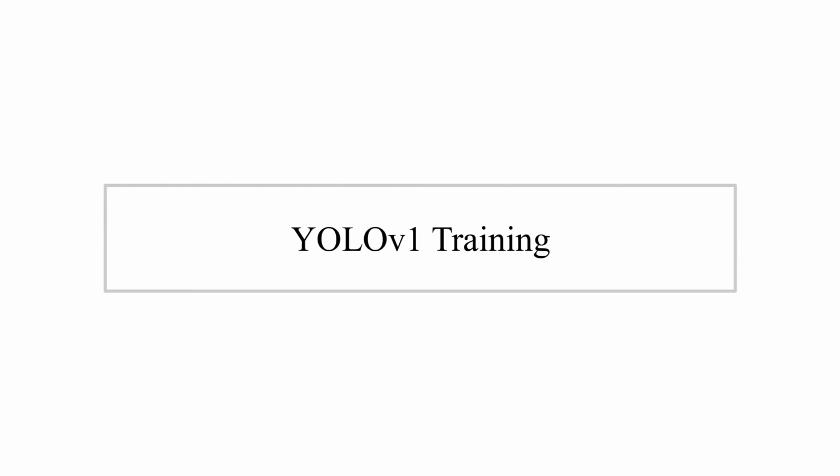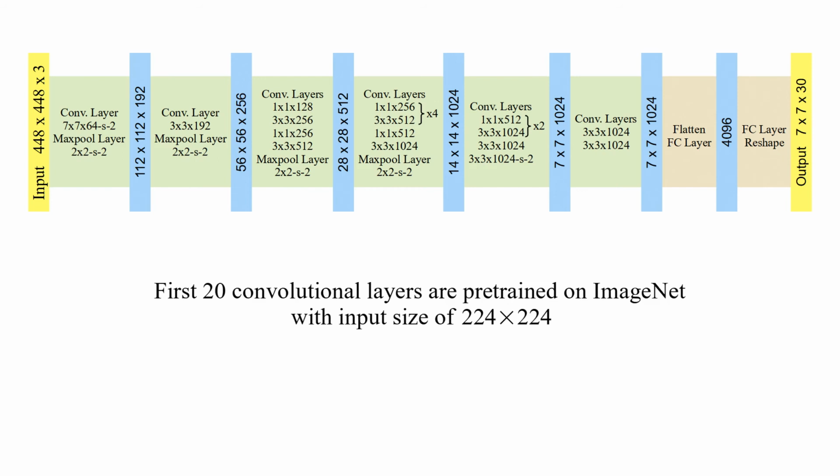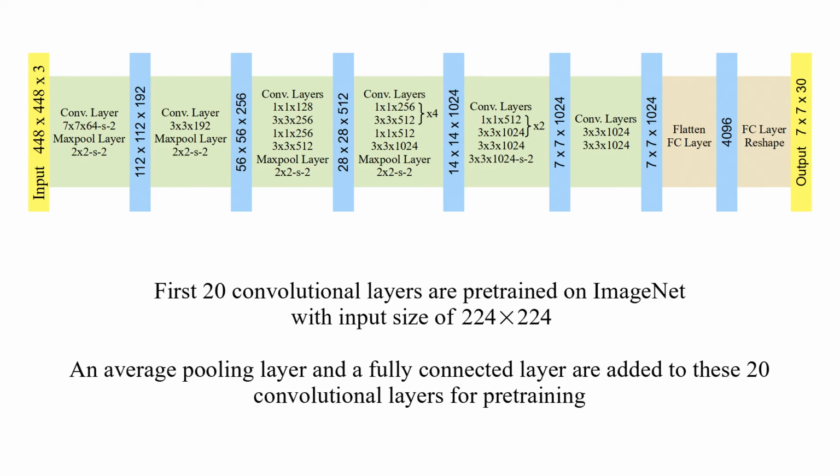YOLO version 1 Training. The first 20 convolutional layers are pre-trained on ImageNet with an input size of 224 by 224. An average pooling layer and a fully connected layer are added to these 20 convolutional layers for pre-training.